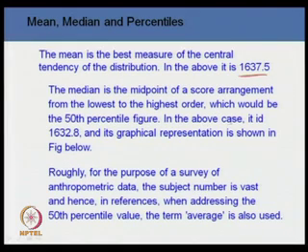In the above case it is 1632.8 and its graphical presentation is shown below. Roughly, for the purpose of an anthropometric survey, the subject number is vast and hence when addressing the 50th percentile value, the term average is also used, because normally for an anthropometric survey a vast population size is considered.